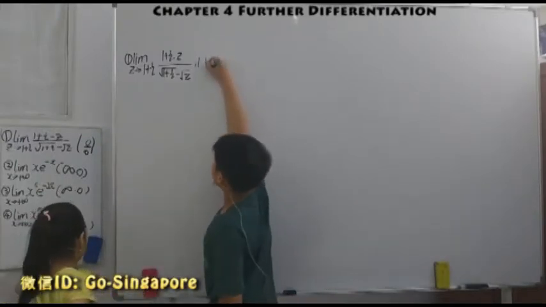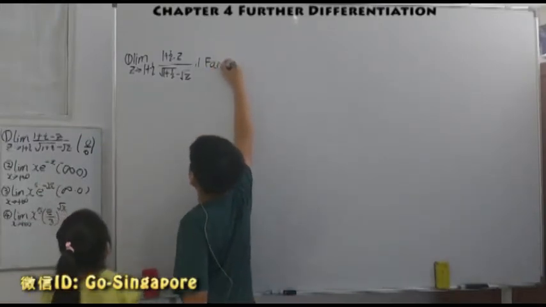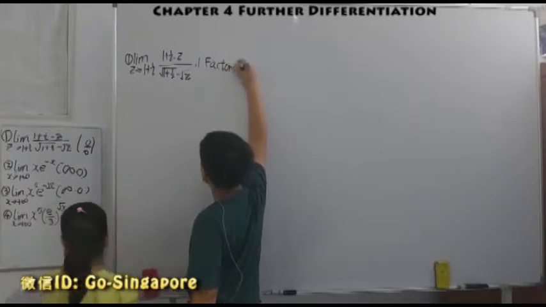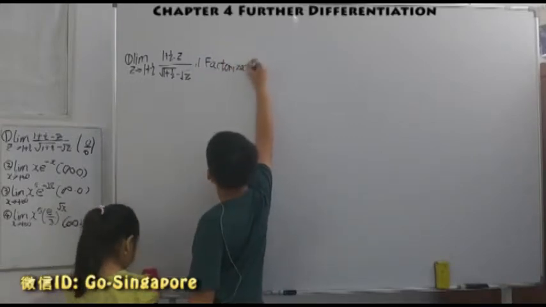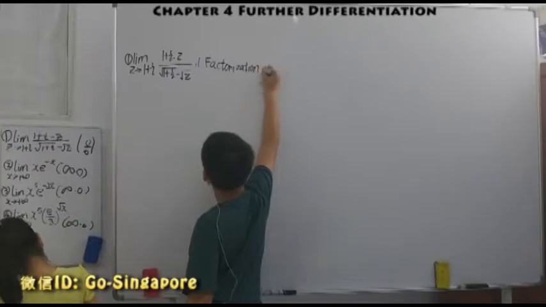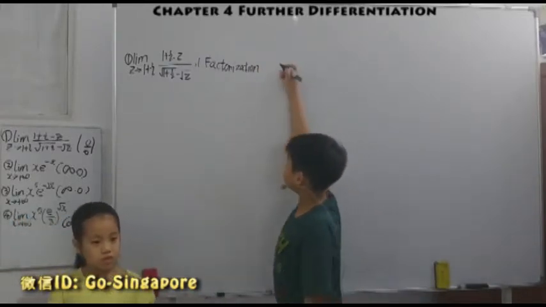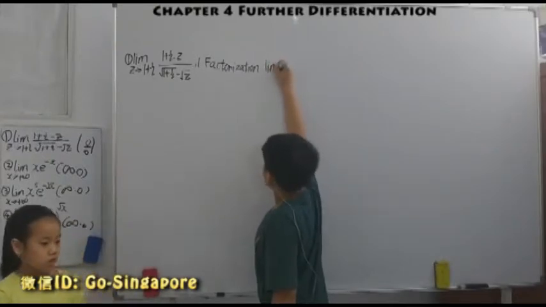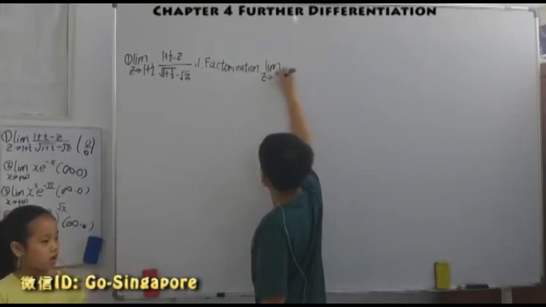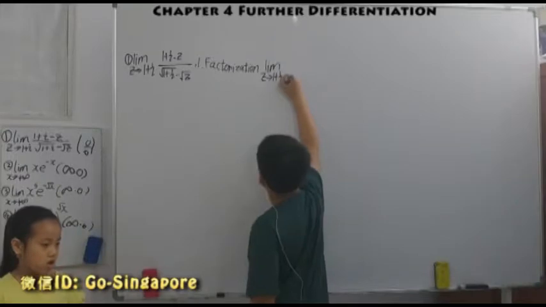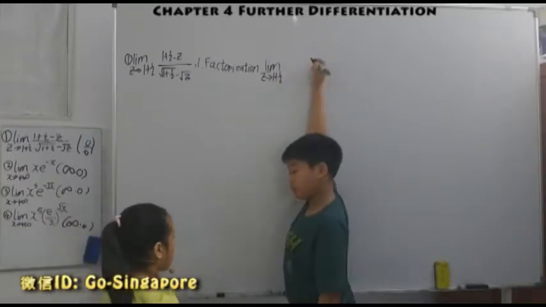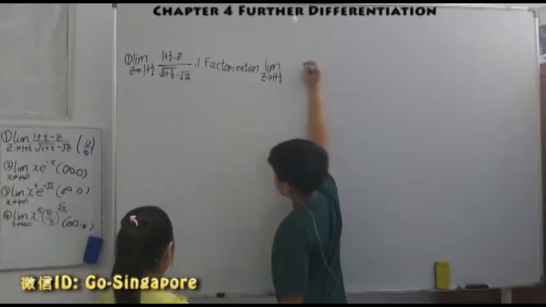The first method is factorization. Factor. Always L'Hopital's rule, okay, factorization. We have this limit as z approaches 1 plus i of 1 plus i minus z.